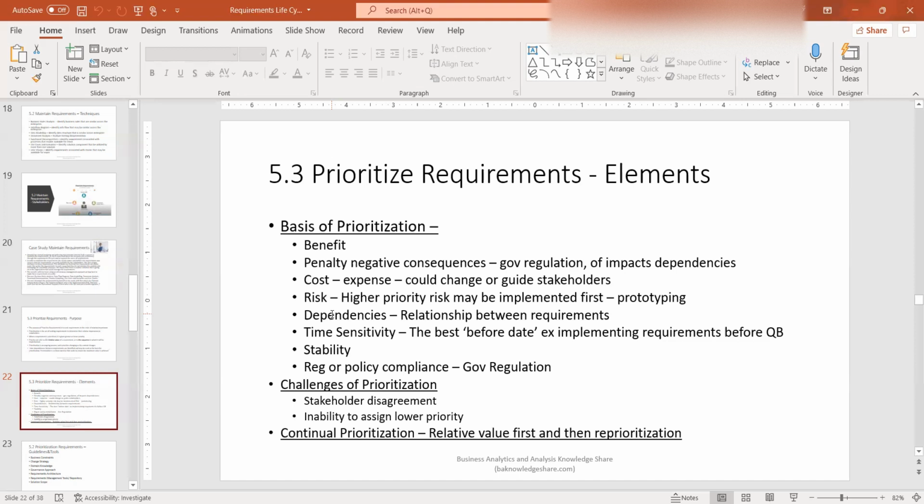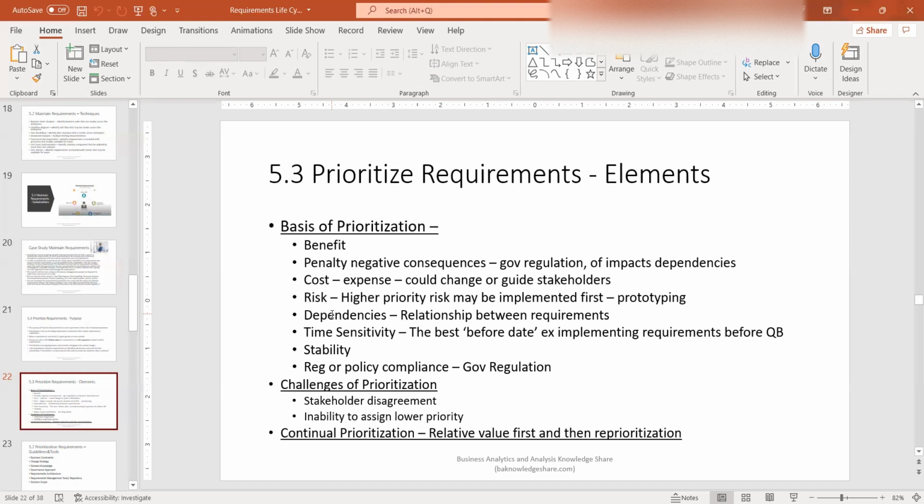Stability. How stable is that requirement? Meaning, how is that requirement going to change in the next 2 or 3 months before the product is even delivered? So you've got to consider that. Regulation or policy compliance, meaning what sorts of government regulations are being impacted by this requirement's implementation.